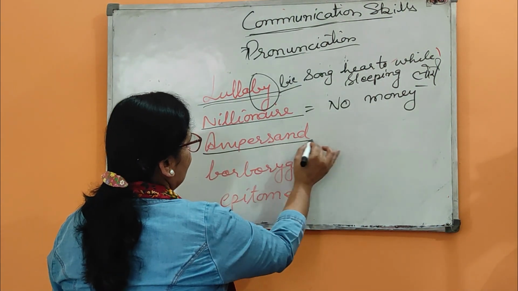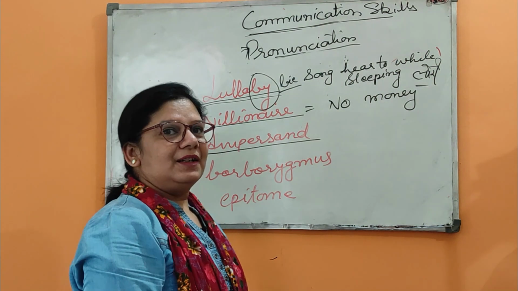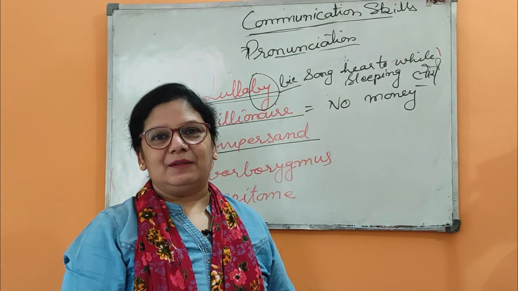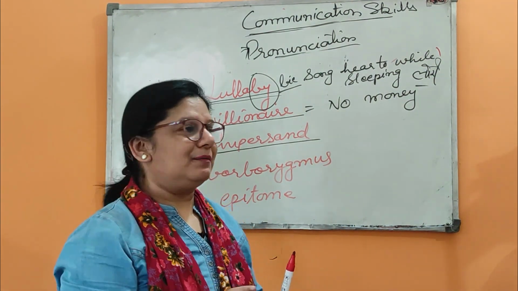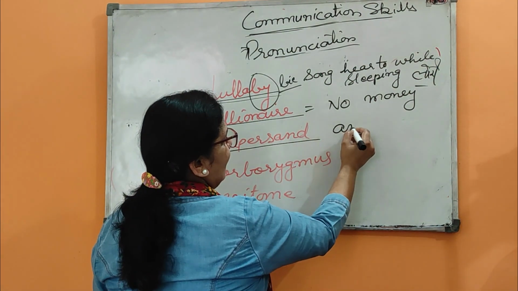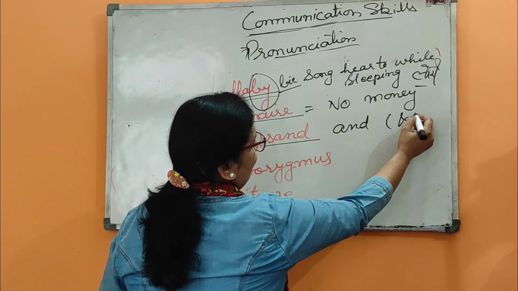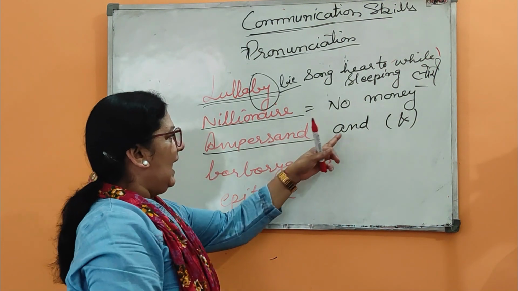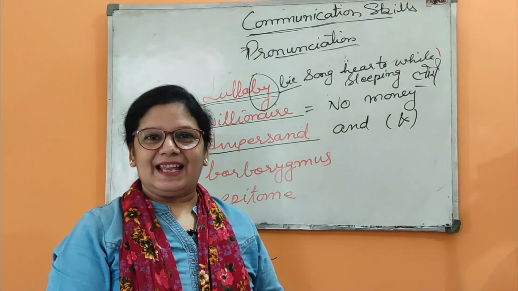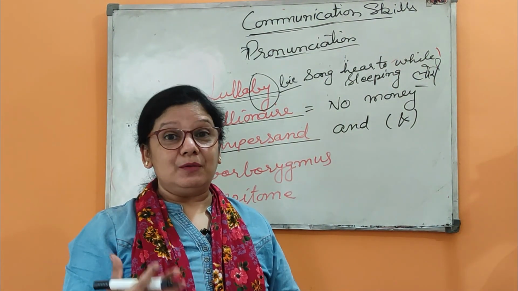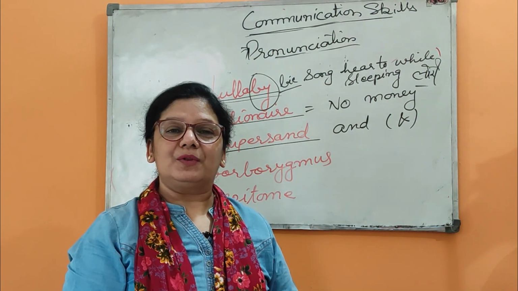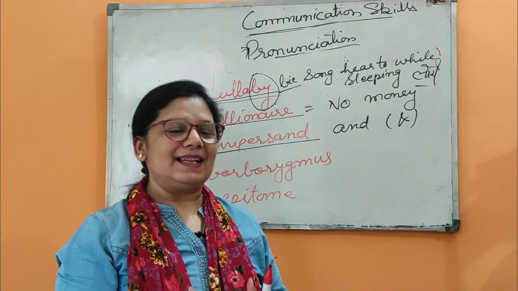Then ampersand. This is a beautiful word that you are using daily, but this is its expanded form. Its short form is this and we write it like this, हम ऐसे भी लिख देते हैं. And its full form is ampersand. But we have cut it short, we use it as and, we pronounce it as and.